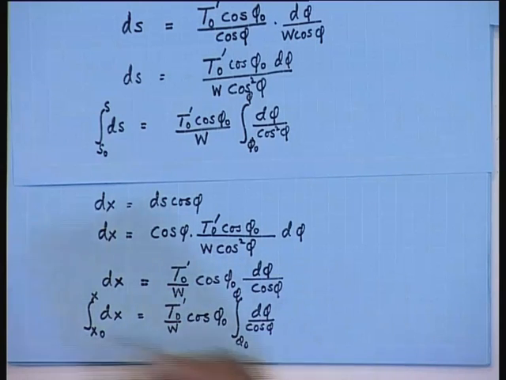So you integrate this, you get x minus x naught. But what is the integral of 1 by cos phi?